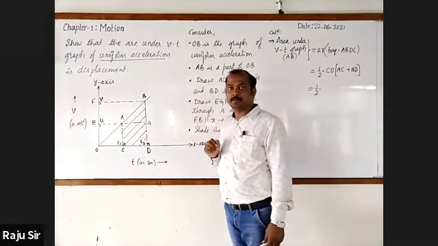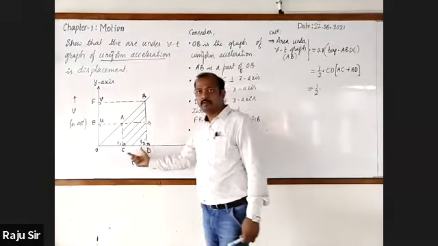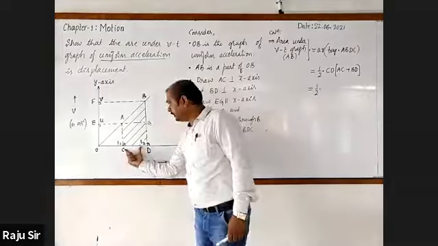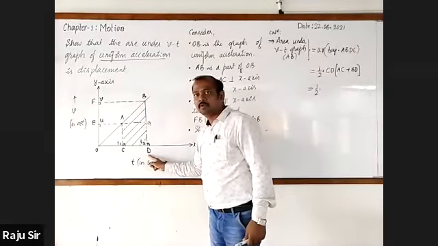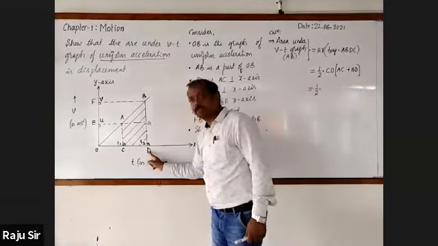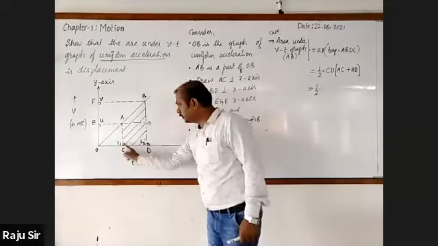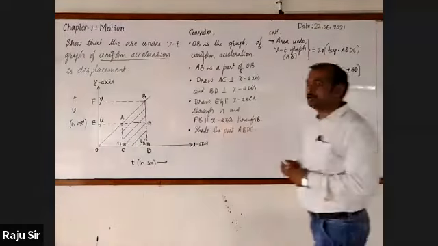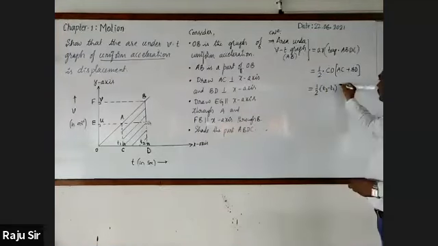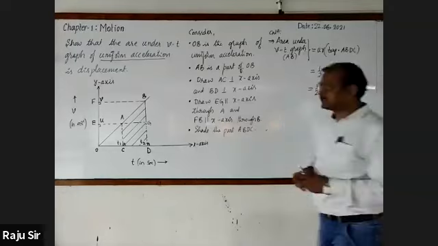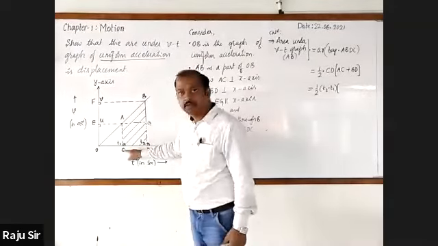Just observe the board. What is CD? T2 minus T1. That is the total time from C to D, T2 minus T1. All right. AC, observe.